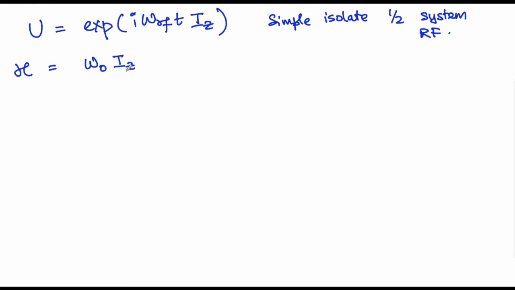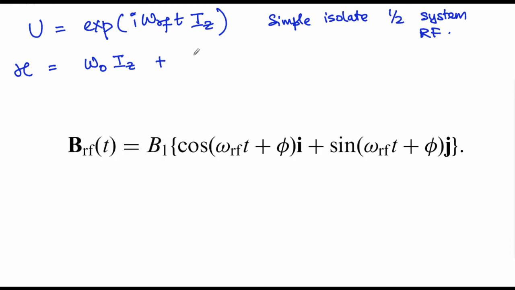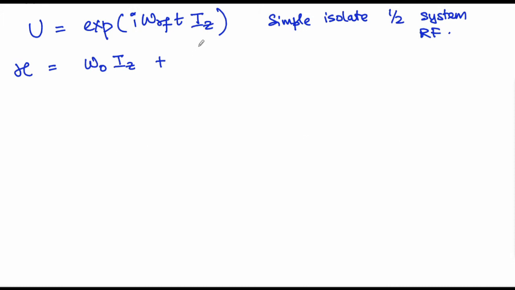So we can just say it's omega naught Iz plus that of the RF pulse. So we had deduced that the RF pulse will be given by B1 cos omega r of t plus phi times i cap plus B1 sin omega r of t plus phi j cap. So similarly, since I've already multiplied it with the minus gamma, I'm going to write it directly omega 1 cos omega r of t plus phi.